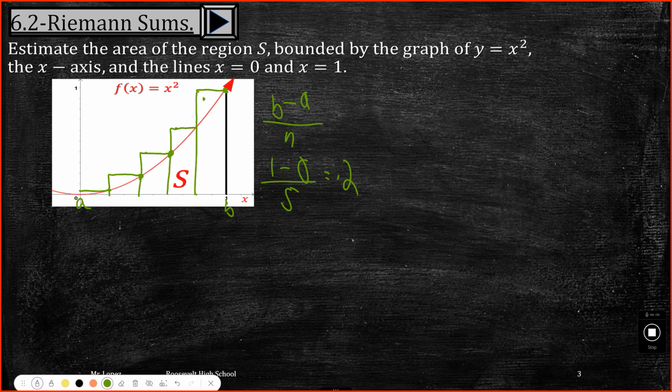And the idea is that if you add these up, 1, 2, 3, 4, 5, it's going to get closer to what it is. Let's go ahead and find it. So it's called the right Riemann sum of 5, R sub n. N is the number of rectangles, and we're doing 5 here.